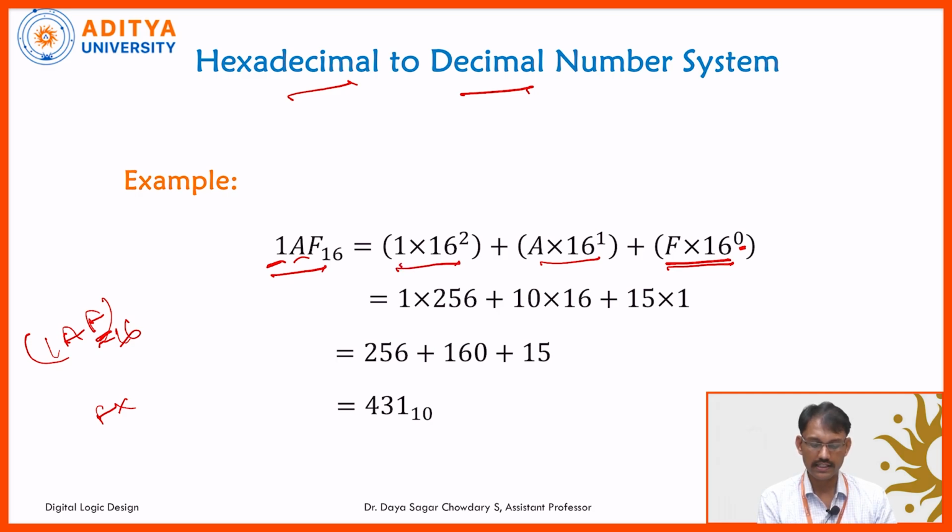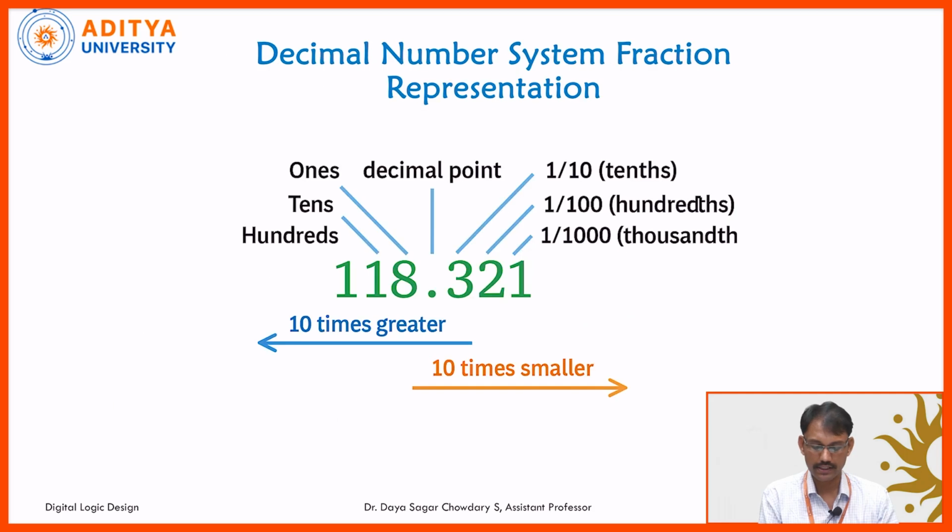So 1 into 16 square is 1 into 256, plus 10 into 16 power 1, where A representation is 10, and F is 15 into 16 power 0 is 1. So 256 plus 160 plus 15. So this is the final decimal representation, 431.